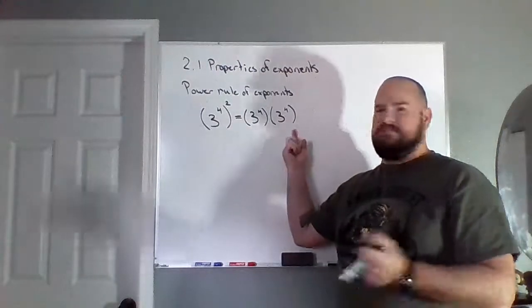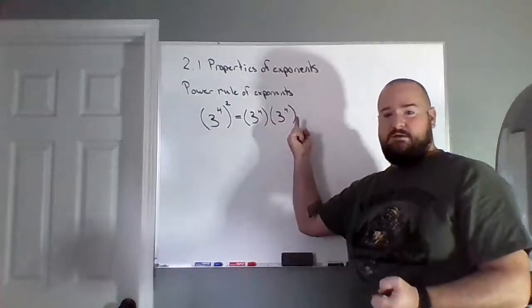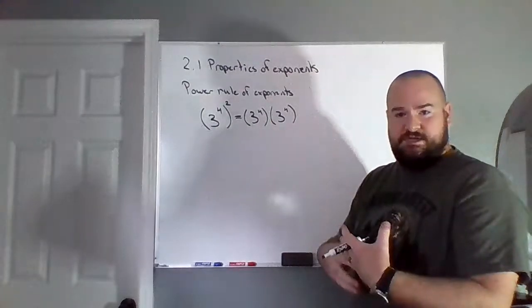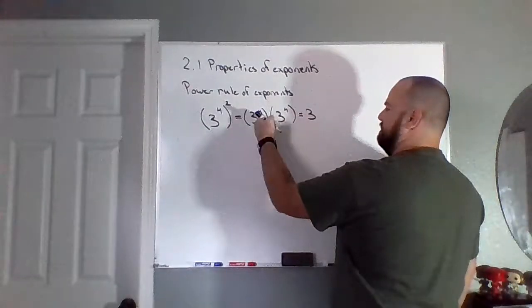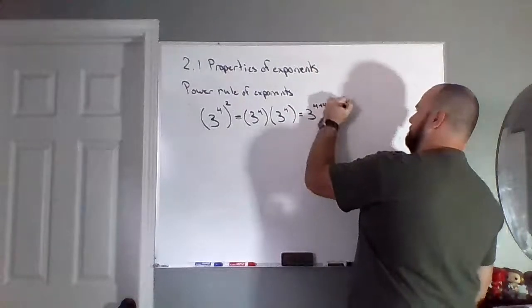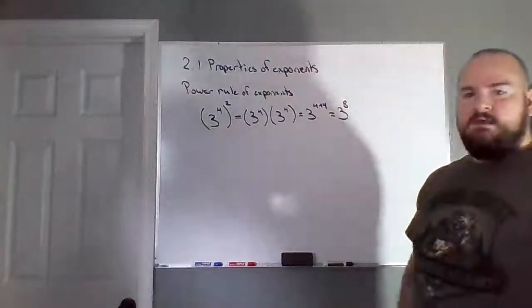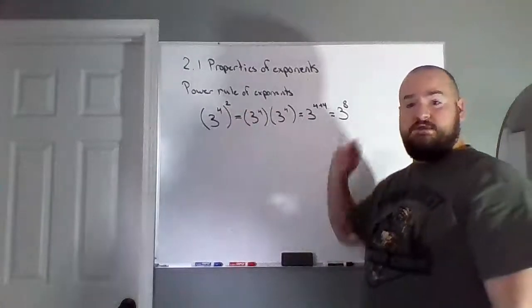Well, this looks exactly like the product rule, which says if I have the base to a power times that same base to a power, we just add those exponents, right? Okay, so this just becomes 3 to the 4 plus 4, which is 3 to the 8th. So how can I get from 3 to the 4th to the 2nd to 3 to the 8th?